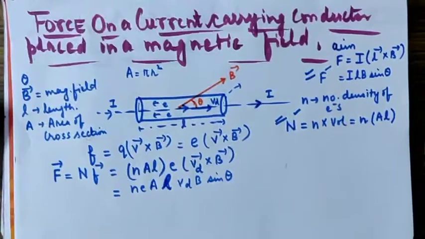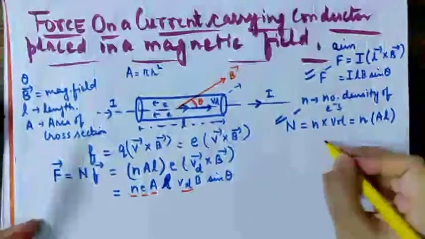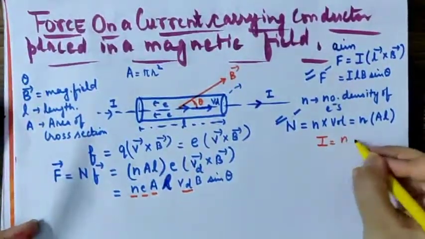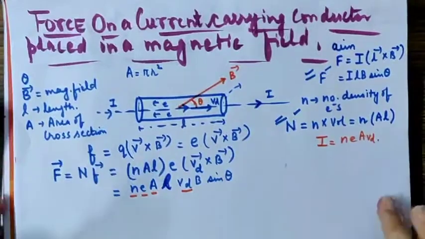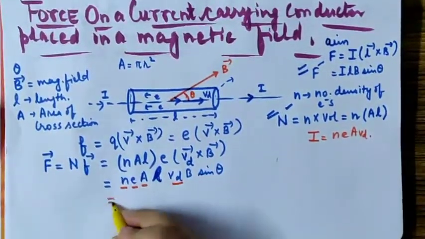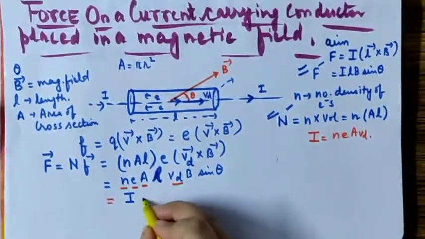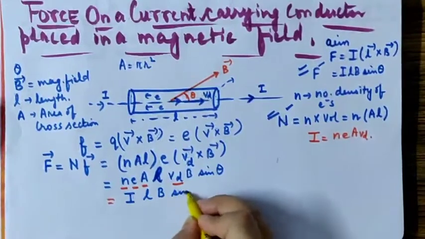Now collect some of the quantities from here. n e A Vd. We have discussed earlier, n e A Vd is equal to the current. In unit number 2 you have studied this. So replacing it with current, what do we have? We have I L B sine theta.